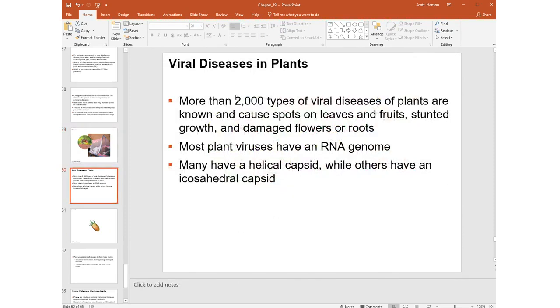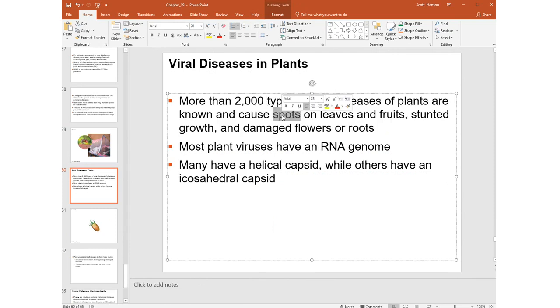So more than 2,000 types of viral diseases of plants are known and cause spots on leaves and fruits, or stunted growth, or damaged flowers or roots. Most plant viruses have an RNA genome. Many have a helical capsid, but others have an icosahedral capsid, like we saw in the very first few slides of this chapter.